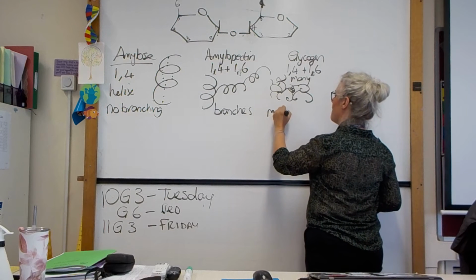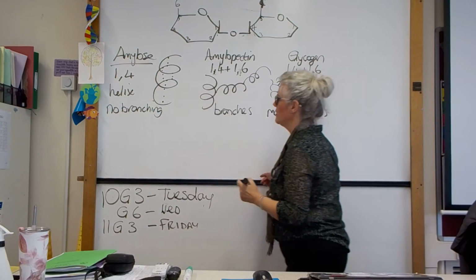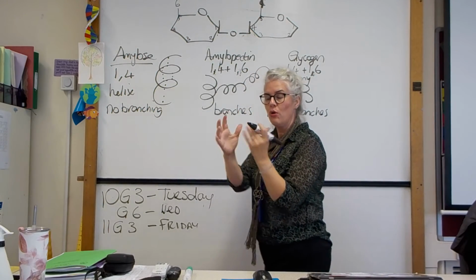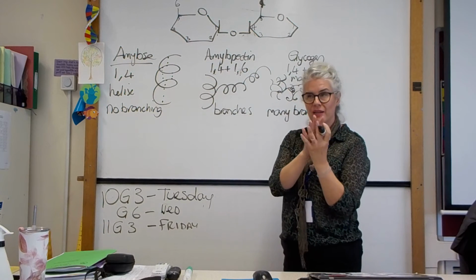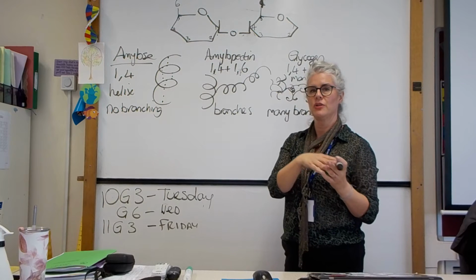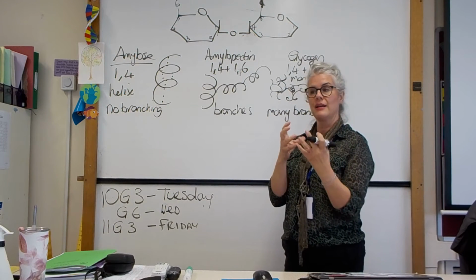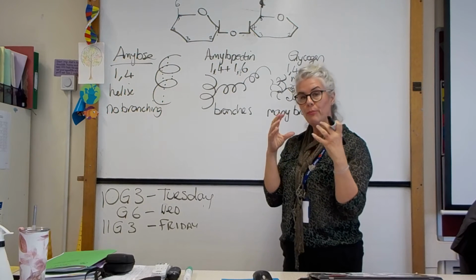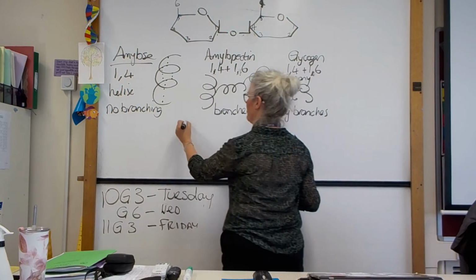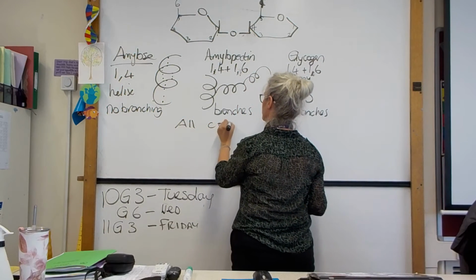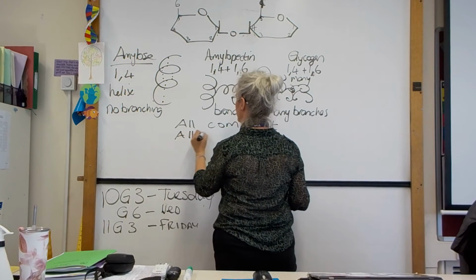This has many branches. Okay? So these are all compact. They're all nice, good storage molecules. They take up less space. Now, them taking up less space isn't the advantage. Them taking up less space means you can put more in a cell. So the cell, or the organism, has access to more stored energy. Okay? So they are all compact. They are all energy stores.